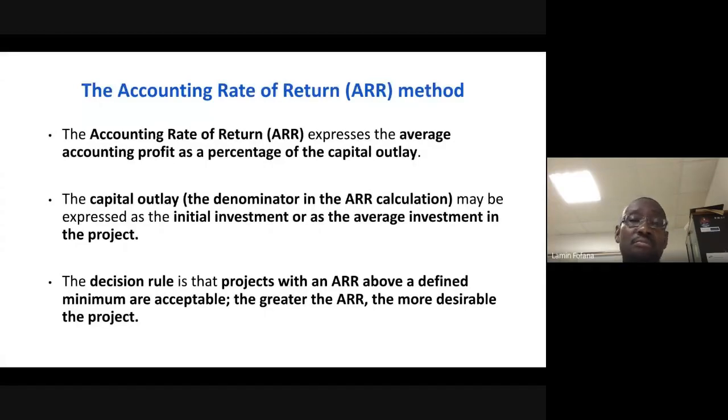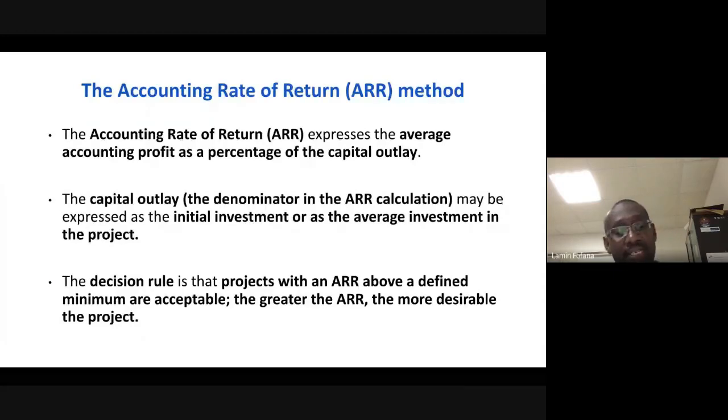But then, just like the lawyers do, the law is the law, but sometimes they can make the law be in line with the way they want it, isn't it? So the same. Accountants also have laws that we follow. Those are our GAAPs, but then we can play with them. That's why the ARR method is very weak, because it depends on the accountant's profit. The accountant's profit is subjected to a lot of different interpretations.